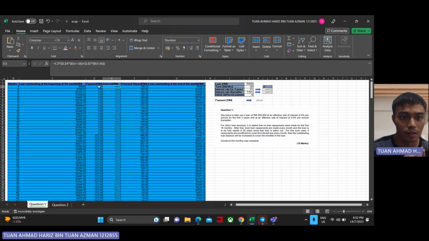That's why the formula is used like this. And then we have to add the principal repaid, which is just the payment minus the interest.